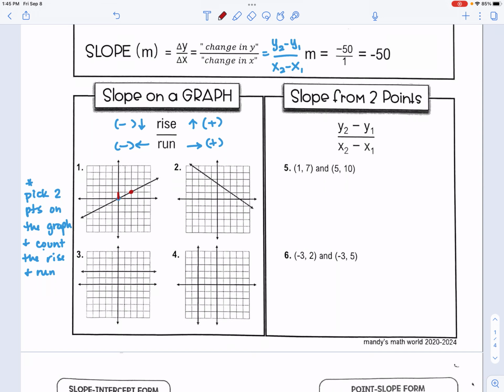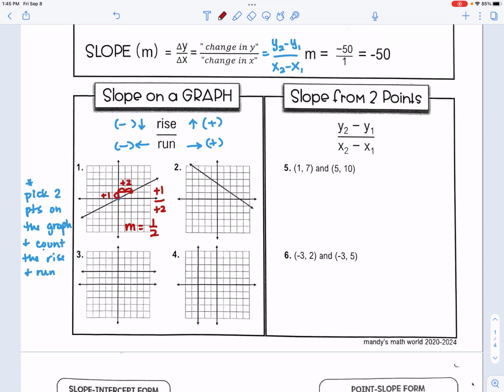So I'm going to go up to get to that point and then to the right. I'm going to go up 1, so that's a positive 1. And then I'm going to go 2 to the right, so that's a positive 2. So my rise is a positive 1 over my run, which is a positive 2. So that lets me know my slope is a positive 1/2.